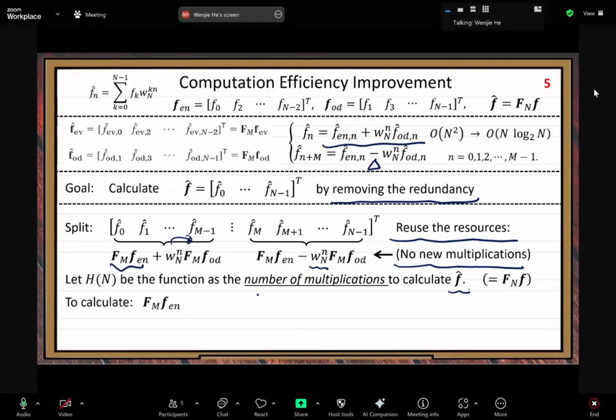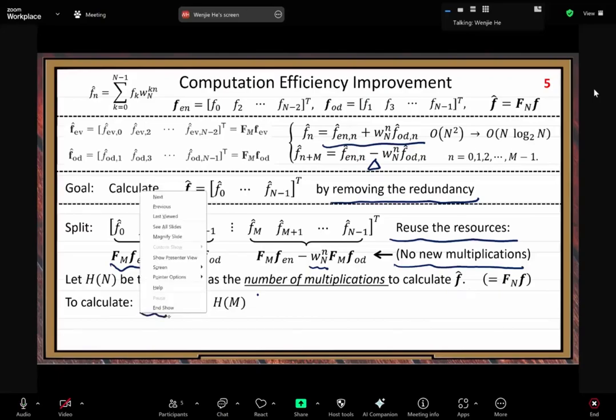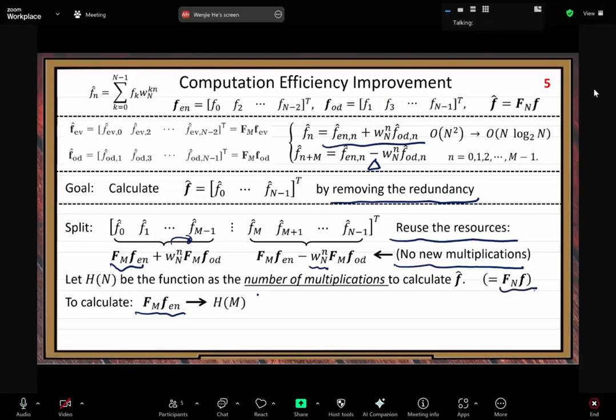First, we need to calculate that matrix, Fm times the vector. To calculate that, we use H of m, because this matrix multiplication has the same structure as our original multiplication.